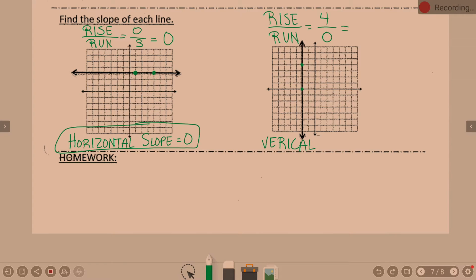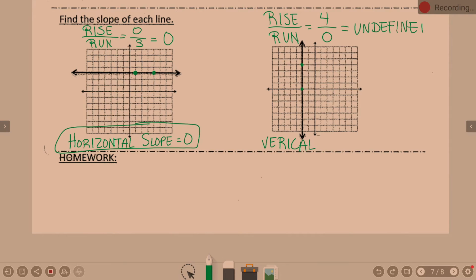Now, type your problem in on your calculator. It says dividing by 0. Error. Why does it say error? It's error because if I got 10 cookies and I'm trying to divide them into 0 groups, that's impossible. It doesn't exist. So we use the phrasing undefined.